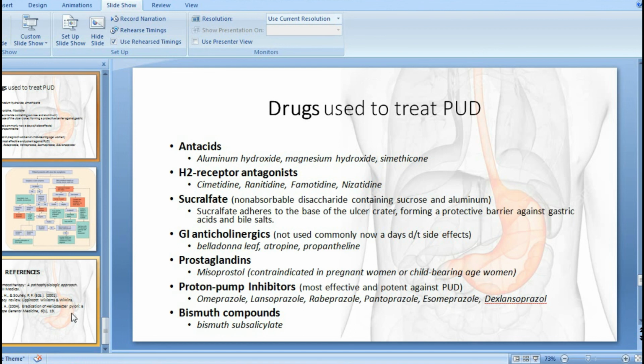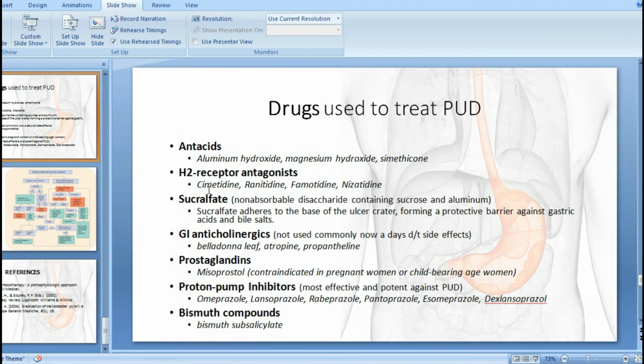The next one is drugs which are used to treat peptic ulcer disorder. Number 1 is the antacids: aluminium hydroxide, magnesium hydroxide, and simethicone. Number 2 are the H2 receptor antagonists.